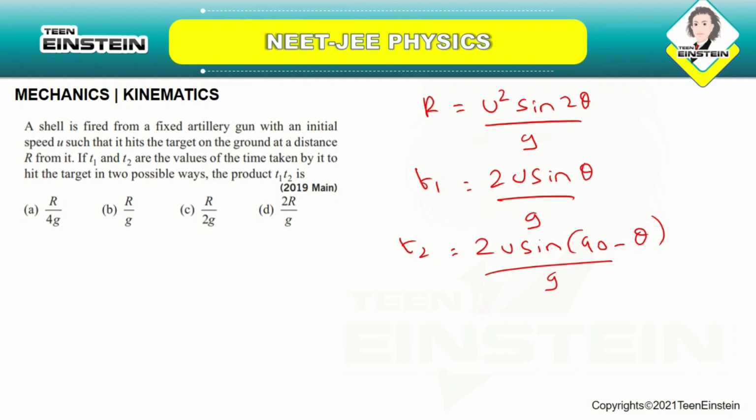Okay, so this will become 2u cos theta by g. So from these three equations we can say that T1 into T2 is equal to 2r by g. Okay, so it is 2r by g.